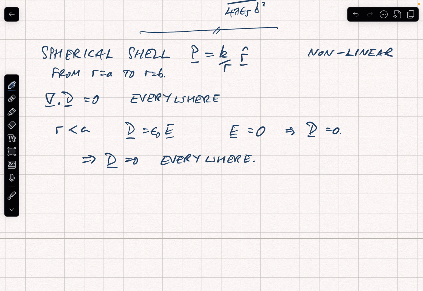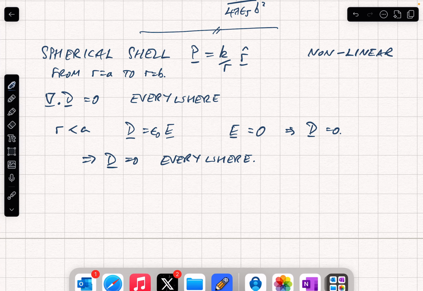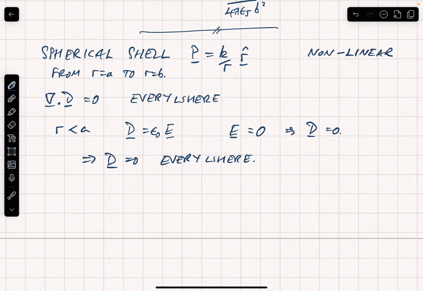If D is equal to 0 everywhere, then what are we going to say about the electric field? Well, we've already said E is equal to 0 for R less than A. E must also equal 0 for R greater than B, because then we're outside the shell. Again, D and E are related. But between A and B, that's not true.